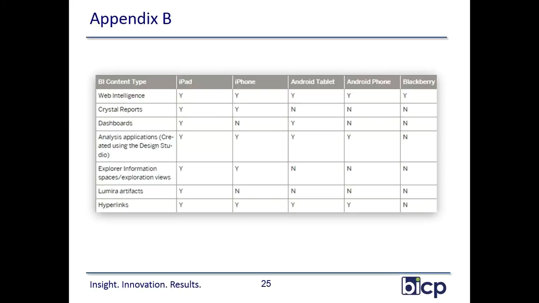But you can see that Explorer is only supported on the iOS devices. So once again, it's really important to know exactly what devices are out in your company before you embark on implementing mobile reports, so you're fully aware of what to develop and which direction to go.